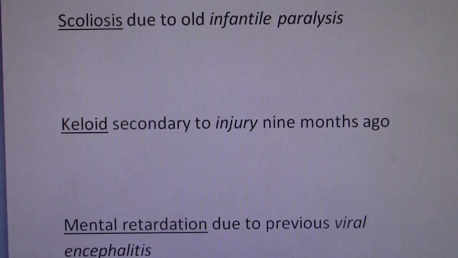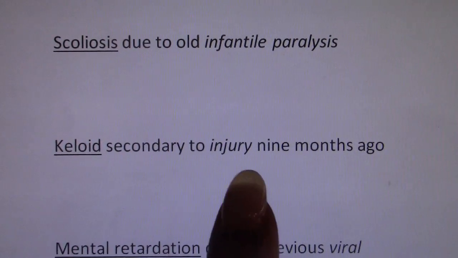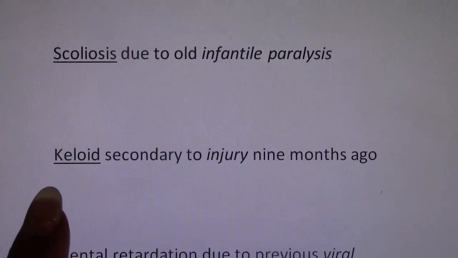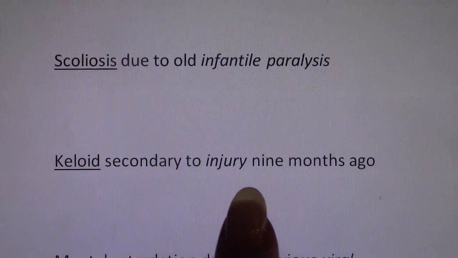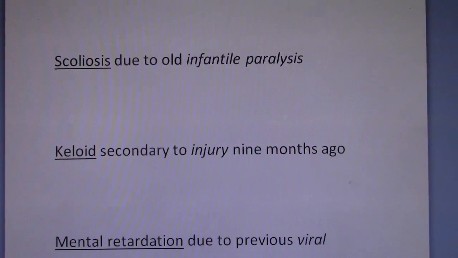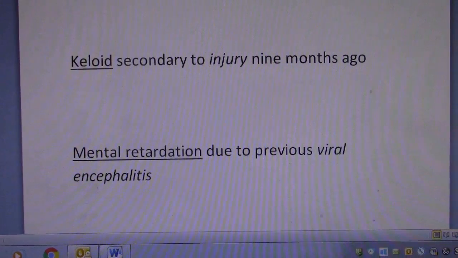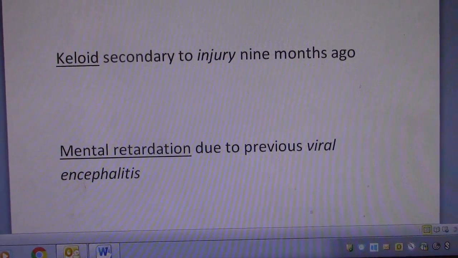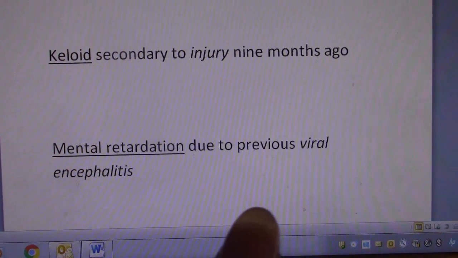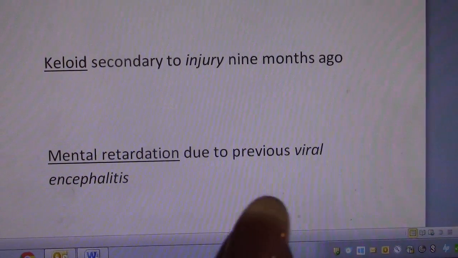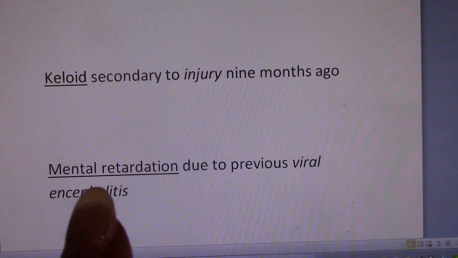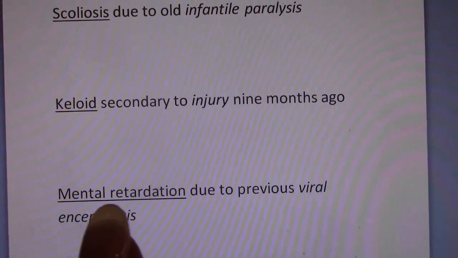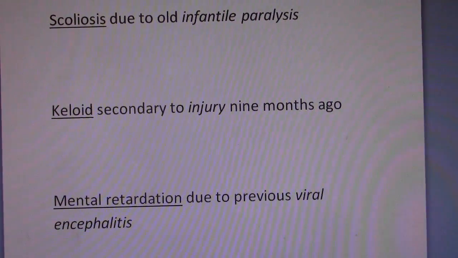Third one, keloid, secondary to an injury 9 months ago. So today they're coming in for keloid. That'd be your first listed condition, and you do the late effect of the injury, if you knew what it was. And on the last one, mental retardation today due to a previous viral encephalopathy. You do late effect of the viral encephalopathy, but today that first condition that they're coming in today for is mental retardation.